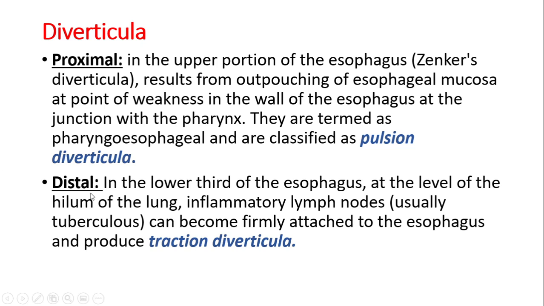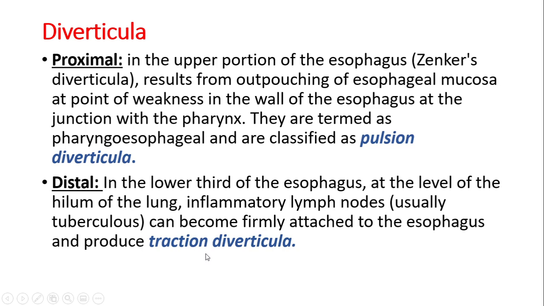Whereas the distal type is in the lower third of the esophagus, especially at the level of the hilum of the lung, in which there is inflammatory, especially tuberculous, lymph node in the pulmonary hilum. When there is a calcified tuberculous lymph node, with excessive fibrosis, it can firmly adhere to the esophagus and produce traction diverticula.